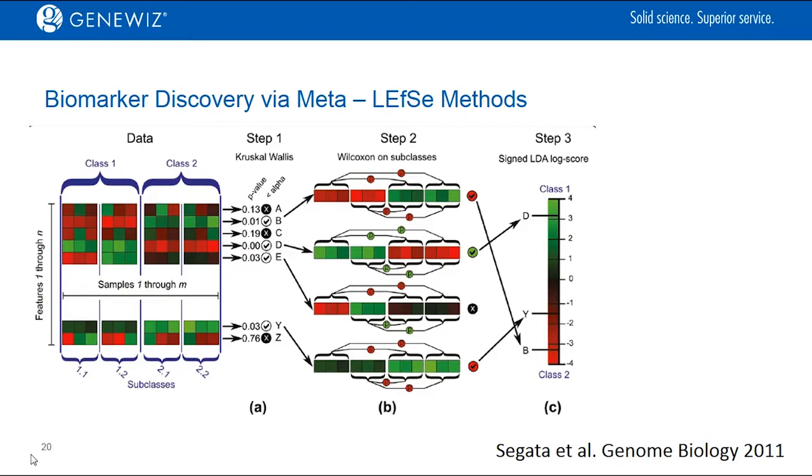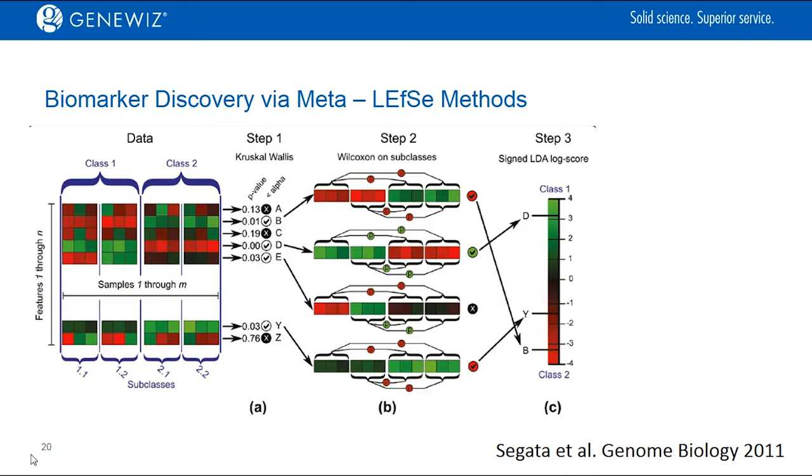So the first step analyzes these features, testing which values in classes are differentially distributed using a Kruskal-Wallis test. And then the features which have a passing p-value will be tested in the second step, where a Wilcoxon test will be used to determine features which violate the null hypothesis.